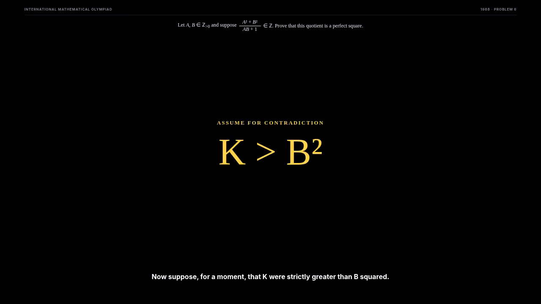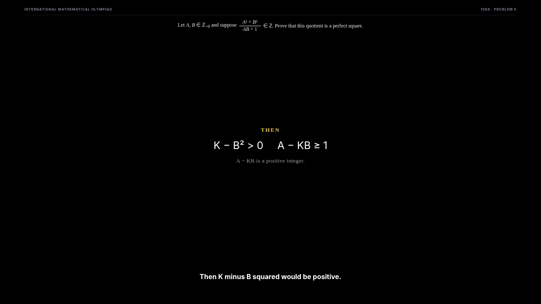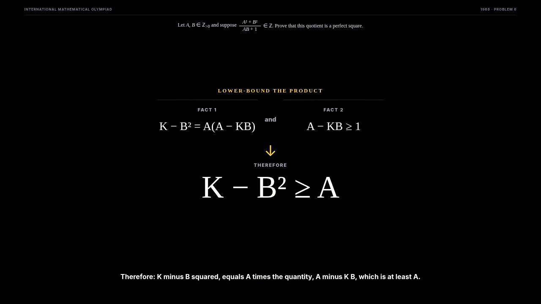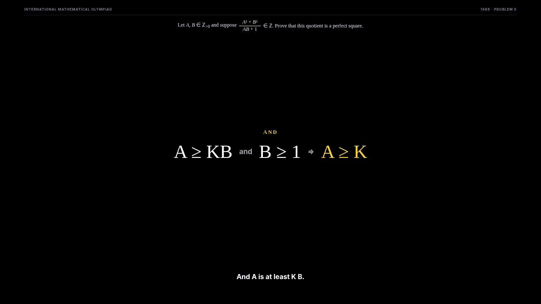Now, suppose for a moment that k were strictly greater than b squared. Then k minus b squared would be positive. That means a minus kb would be a positive integer, so it would be at least 1. Therefore, k minus b squared equals a times the quantity (a minus kb), which is at least a.